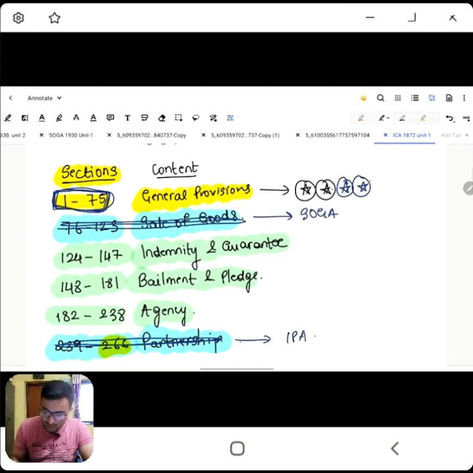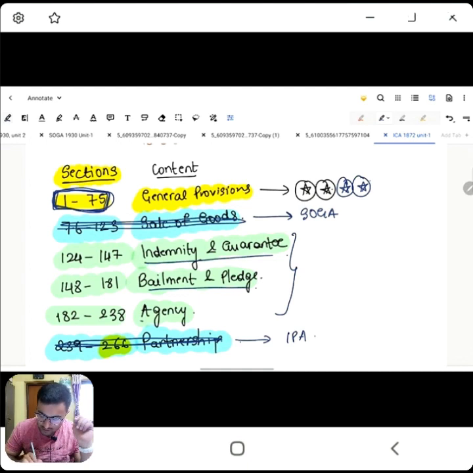These three, if you remember watching lecture 0, you will remember me telling you that some additional units have been added into the Indian Contract Act, which have been borrowed, which have been robbed from CA Inter and have now been clubbed into the syllabus of CA Foundation. Okay, which are they? These are these very chapters of indemnity and guarantee, bailment and pledge, and agency.